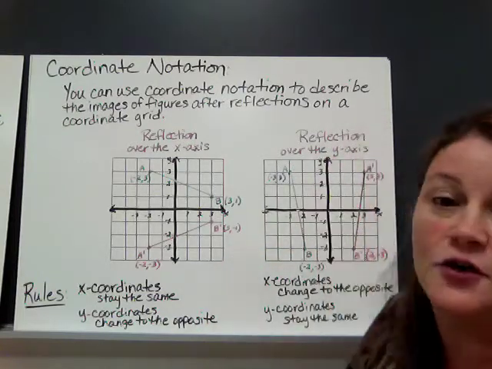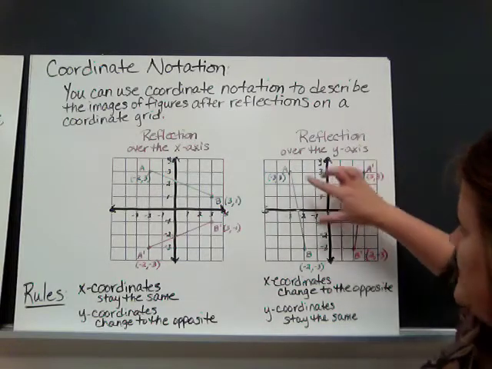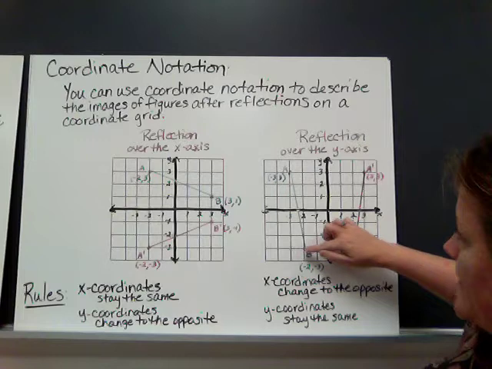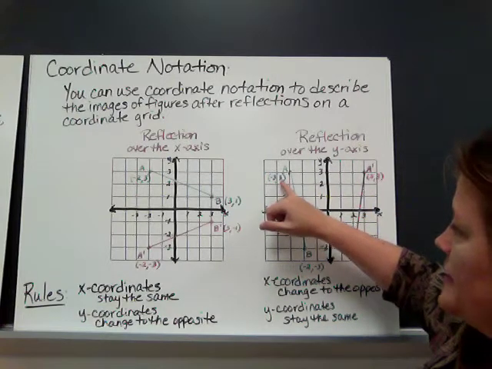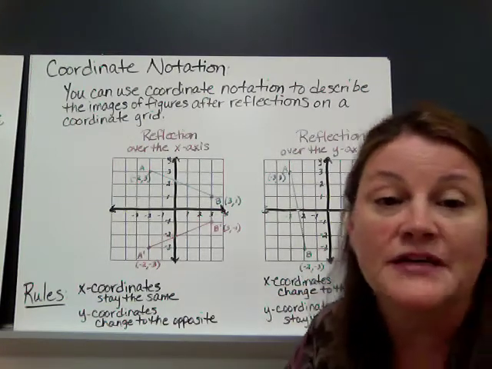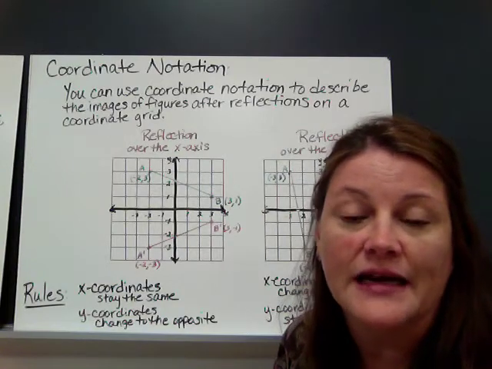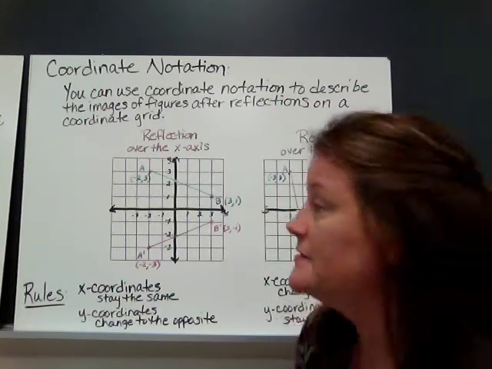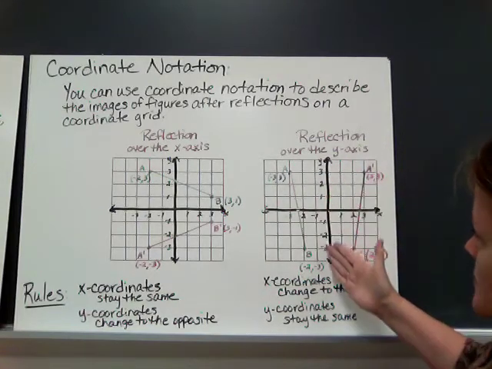Let's look at a reflection over the y-axis now. So we do have another line segment here, A, B. Here's our original. And A has the coordinates -3, 3. And B has the coordinates of -2, -3. Let's see what that looks like once we reflect that now over the y-axis. So I'm going to reflect it or flip it right over the y-axis right here.